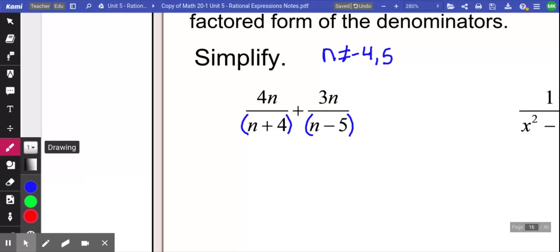We get common denominators by taking the binomial over here and saying, well, this fraction also needs that binomial. And the way we give it that binomial is by multiplying. So this time, in this lesson, we're going to be multiplying by entire binomials to get that common denominator.